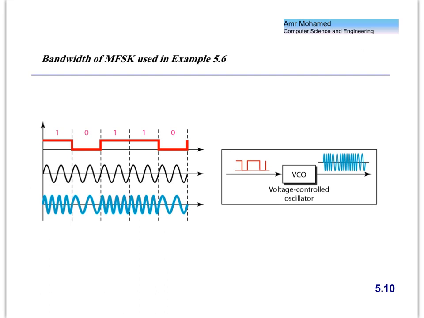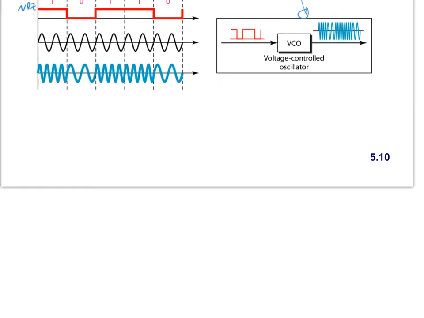In terms of implementation, we said that we can represent the ones and the zeros as NRZ. We represent the 1 as positive voltage, 0 as 0, and so on. What we could do is represent the positive voltage as frequency F1 and the 0 as frequency F2, such that F2 is less than F1.